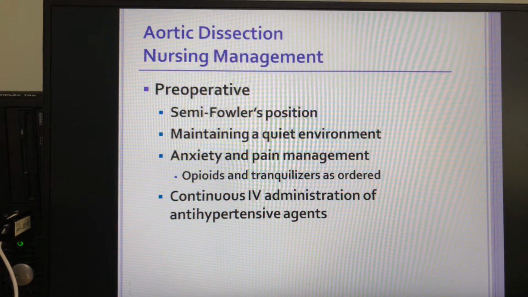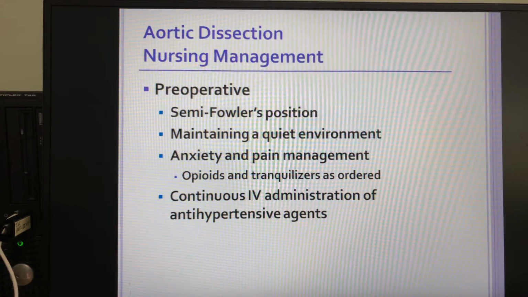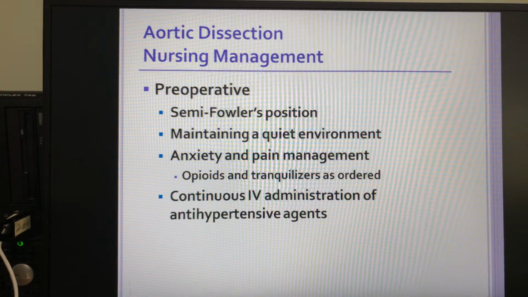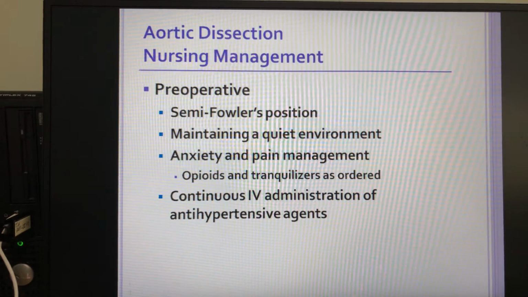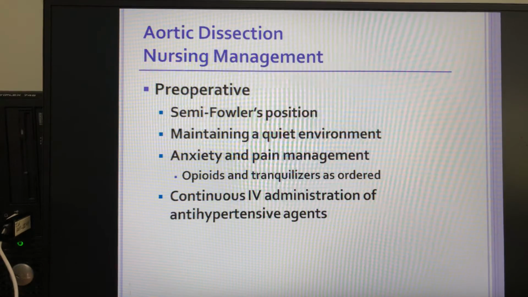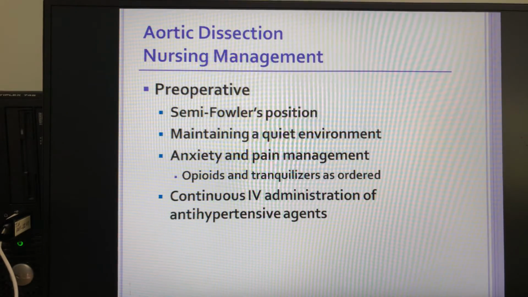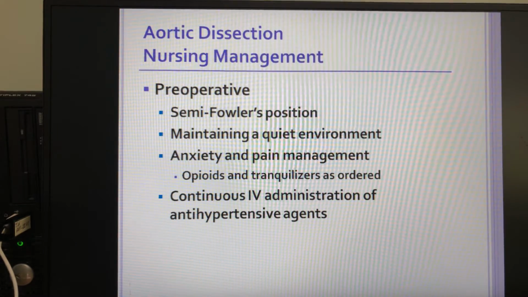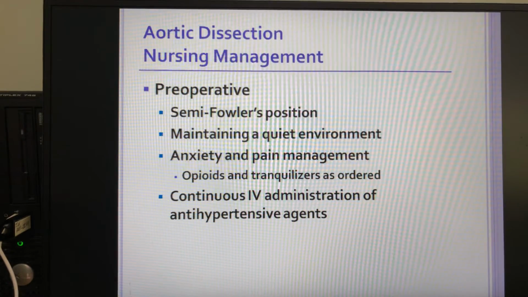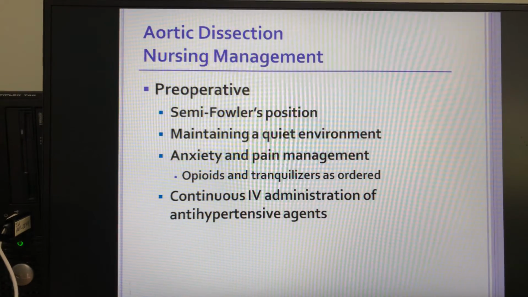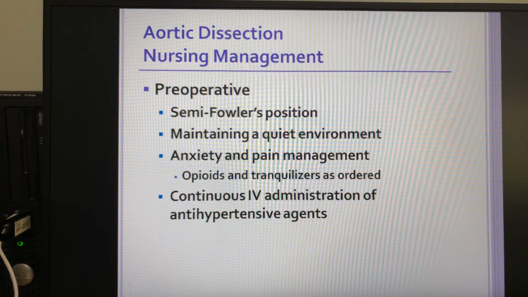We mentioned several of those drugs that we could give IV. Nipride is a drug that we give to lower the blood pressure. We can give IV metoprolol as well as labetalol, and it even talked about a calcium channel blocker that we can give IV.